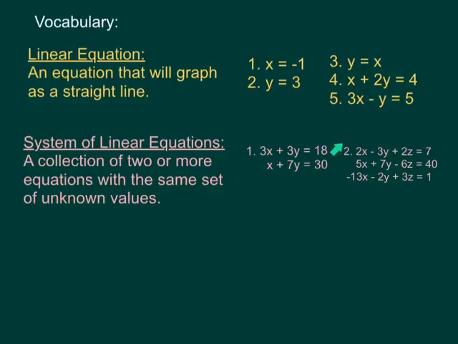And you can see in example number 2, I have 3 equations, which the definition says I can have 2 or more. So since I have 3, I have more than 2. And they all have the same set of unknown values, which in this case would be x's, y's, and z's. For this class, you'll only be using 2 equations at a time.